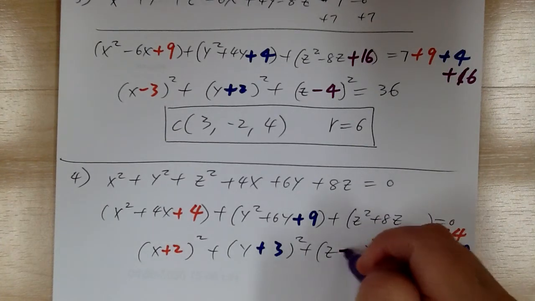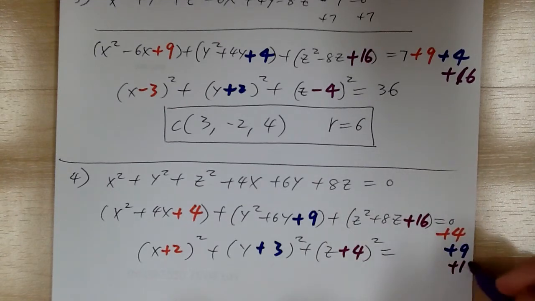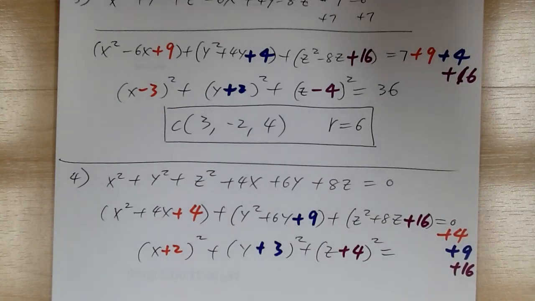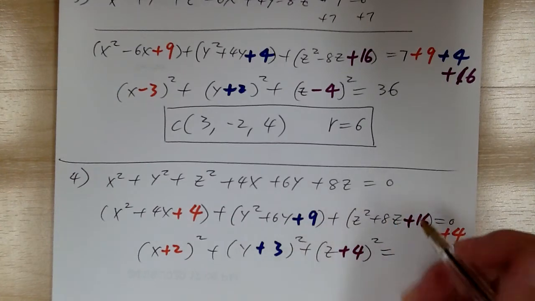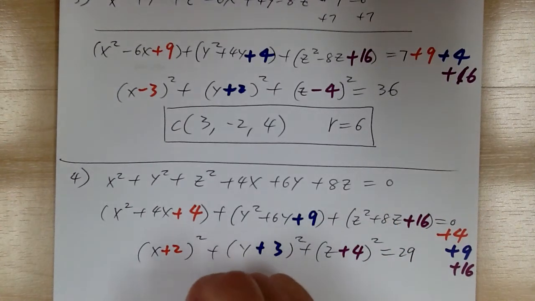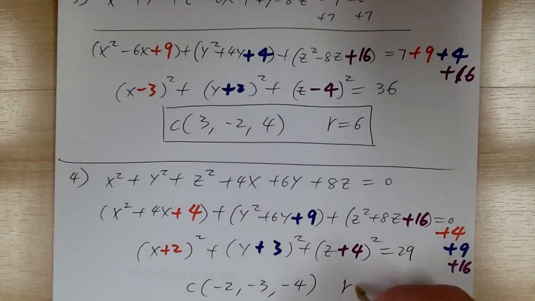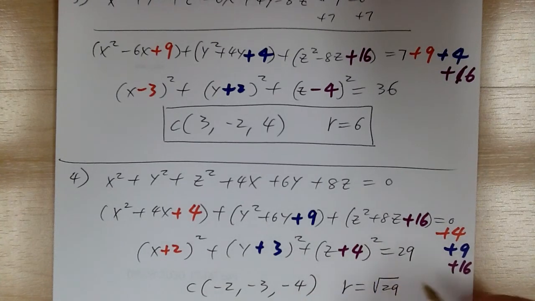And then from here, you need to get plus 4, so you need plus 16 over here. And so you're going to get 29. So your center is going to be at negative 2, negative 3, negative 4, and your radius would be equal to the square root of 29.